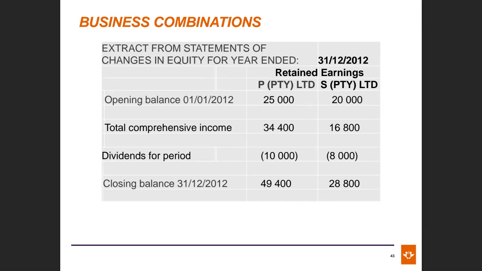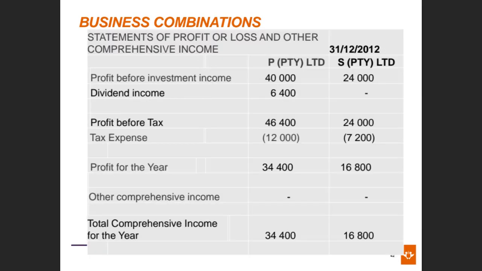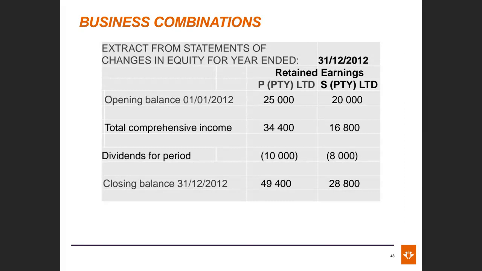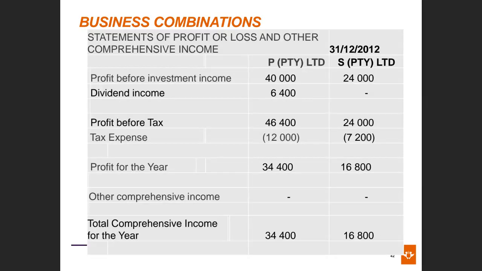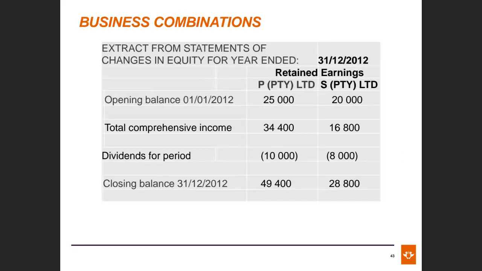So this dividend that was declared is shown as a dividend income in P. This represents the 80% of that dividend paid, okay? So that amount being the 6,400 Rand is an intra-group transaction, and that needs to be eliminated.